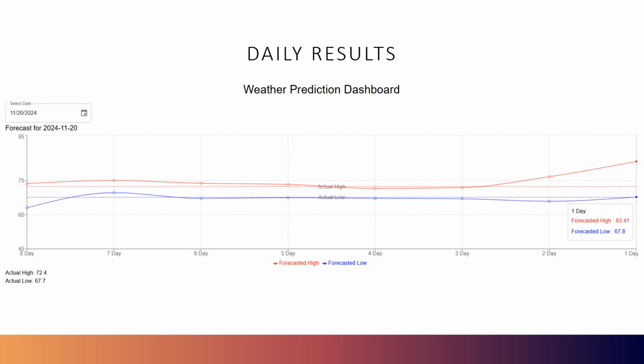And if you look clear to the 1-day forecast, the forecast is quite a bit higher than the actual temperature. At the bottom left-hand side, I have listed the actual high and the actual low. The actual high for November 20th was 72.4 degrees, but the 1-day forecast that day was 83.41 degrees. So that was an 11-degree difference.